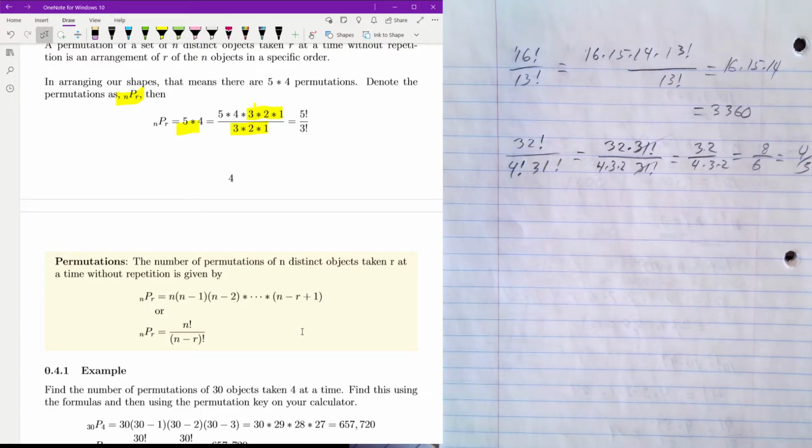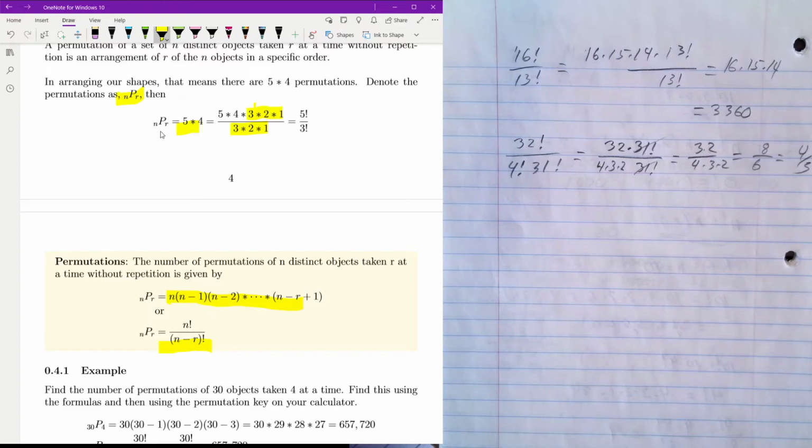So the number of permutations of n distinct objects taken r at a time without repetition is given by this formula, but how we typically say it is n factorial divided by n minus r factorial. If you look up above in our example, n factorial is the 5 factorial.